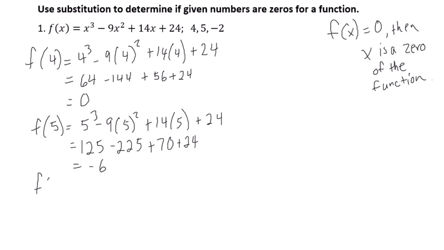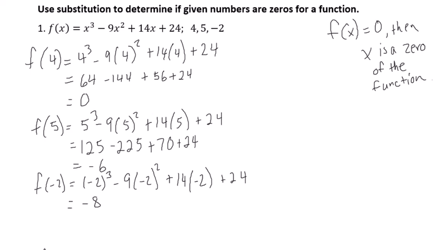Now let's plug in -2. Make sure when you are plugging in your negatives you are careful, so that way you are getting the right sign at the end. All right, so this gives us -8. Negative times negative times negative.